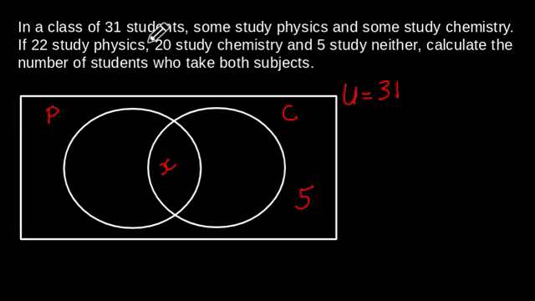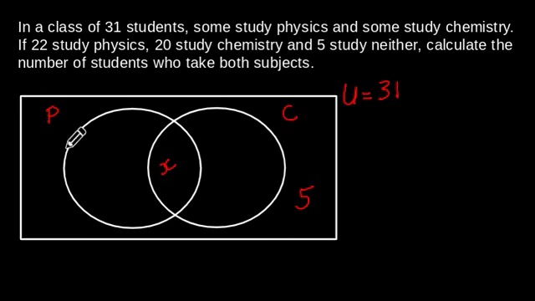22 study physics. Okay, we can't just write 22 here. Why? Because we need to take into consideration this intersection. These 22 students who study physics, some of them might actually study physics and chemistry, and then some of them study physics only.